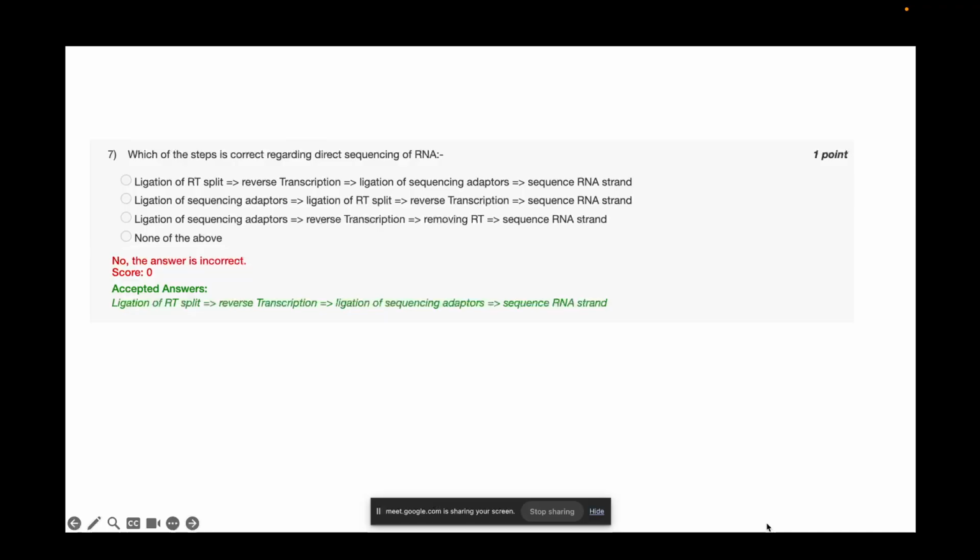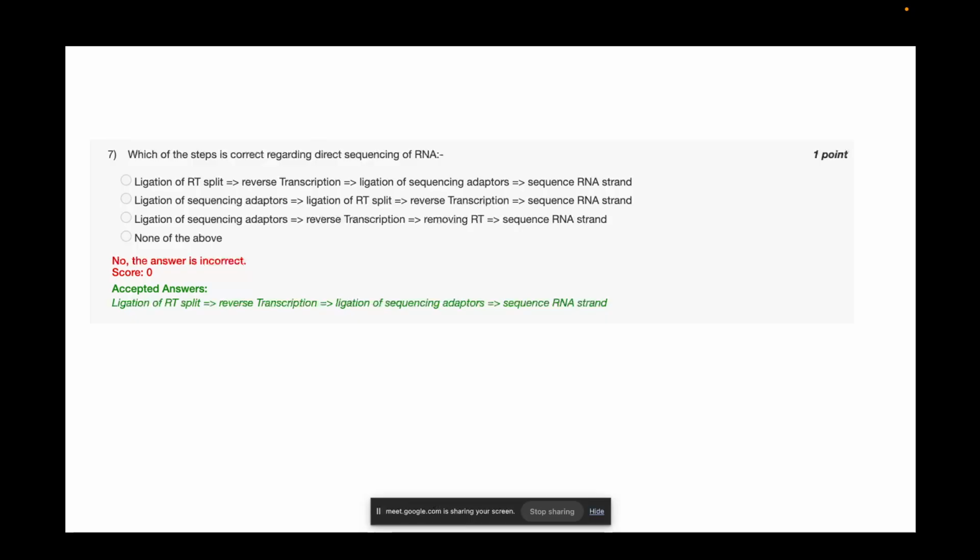Okay, the correct answer is the first one. First you ligate the RT splint, then you do the reverse transcription. The splint is basically the primer for the reverse transcriptase. Then you do reverse transcription, then the ligation of the sequencing adapters, and then you sequence the RNA strand.